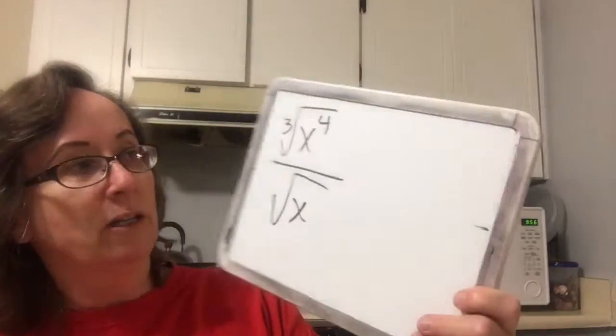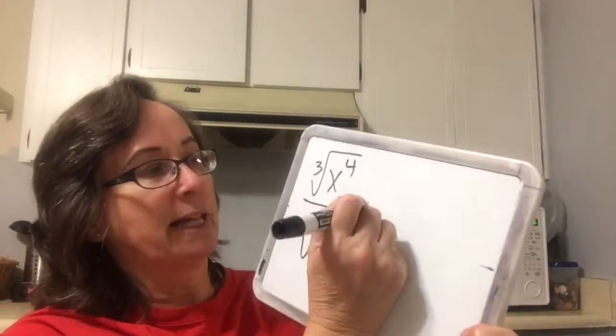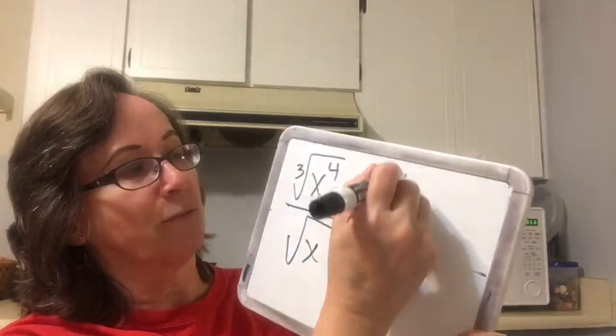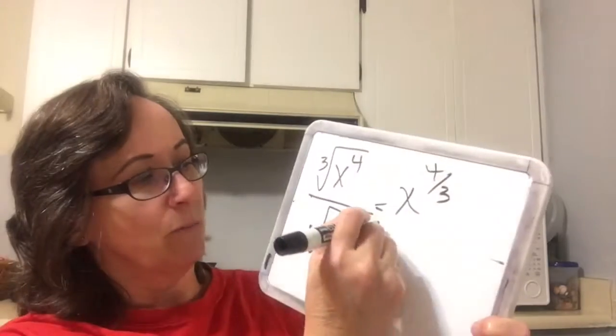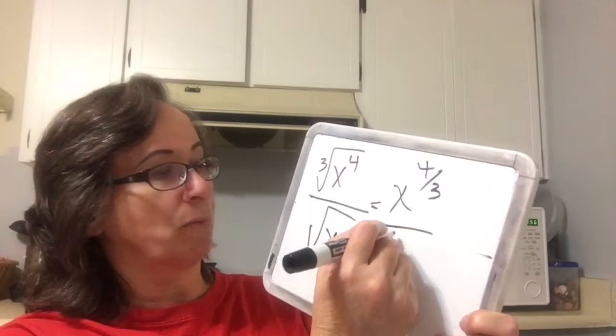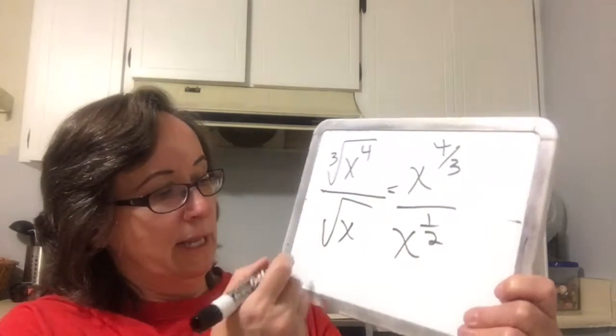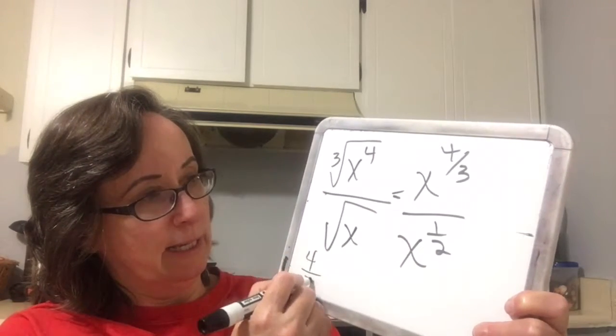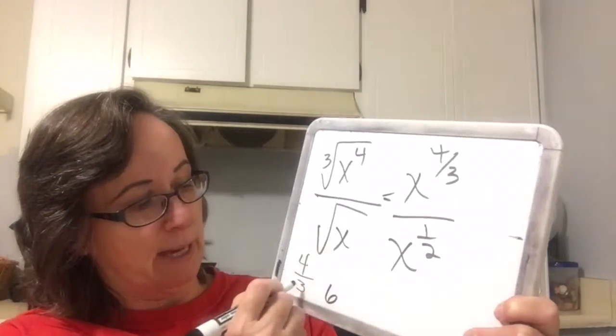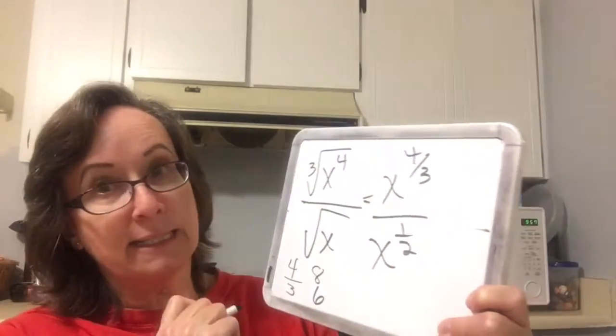And we've got the cubic root of x to the 4th divided by the square root of x. Again, two different roots. So we're going to take the one on the top and make it x to the 4/3. The one on the bottom is going to be x to the 1/2. We have to get a common denominator, and if we take 4/3, it is the same thing as what? 8/6.